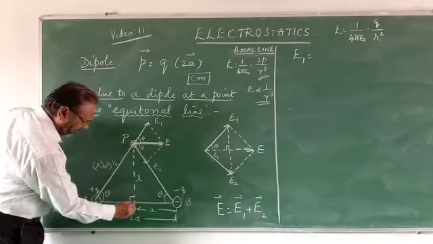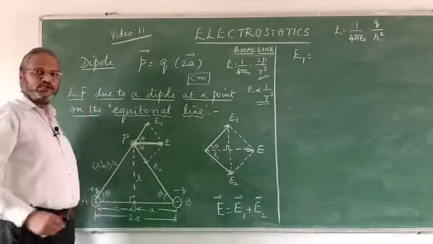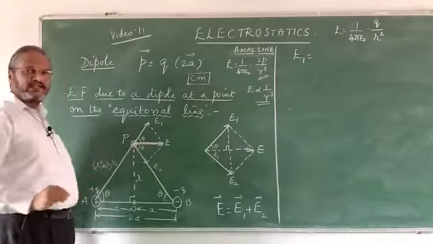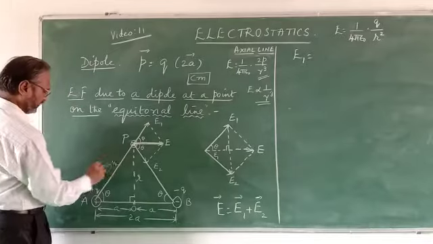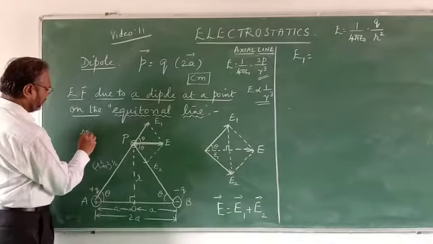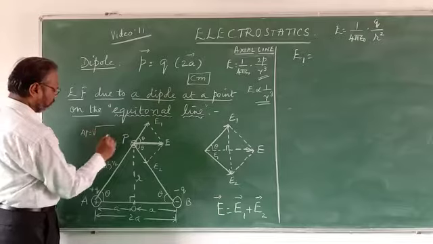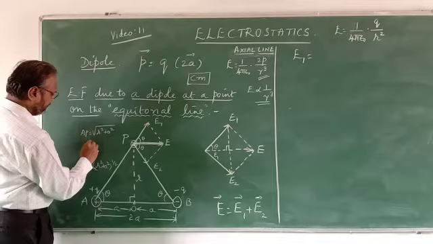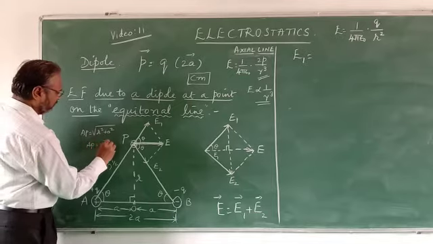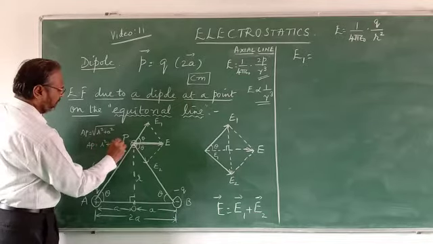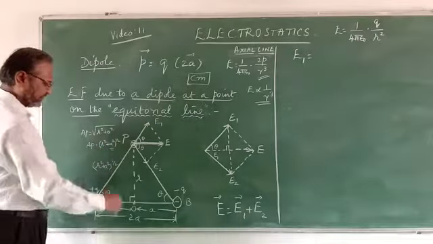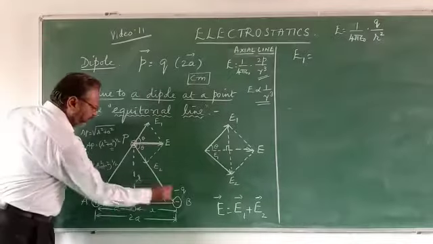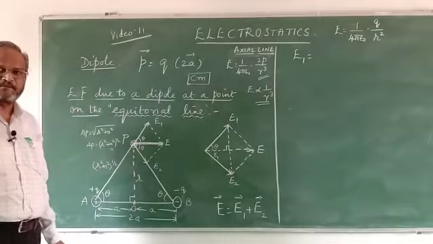So if this is a and this is r, using Pythagoras theorem, AP is equal to under root r square plus a square, which can be written as AP is equal to r square plus a square power half. So this is what the distance is. Since it is an isosceles triangle, this distance BP also will remain the same.